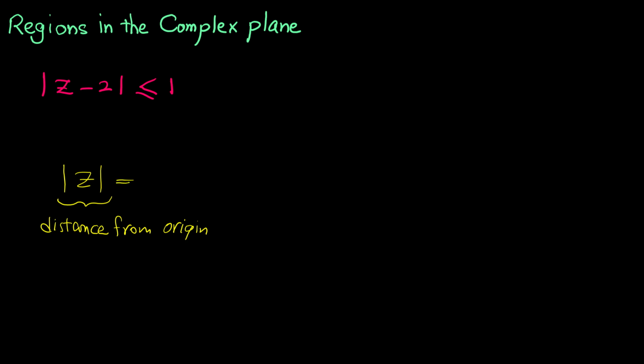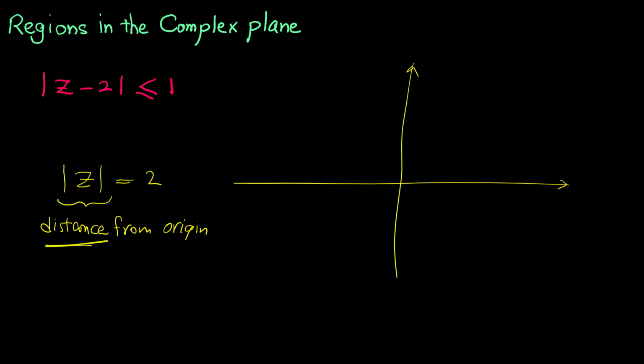So if the modulus of z is the distance from the origin, then the modulus of z equals, let's say, 2 represents what? This would be a circle with radius 2. But why? Attention, the modulus of z is 2.